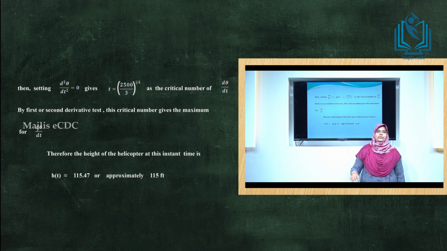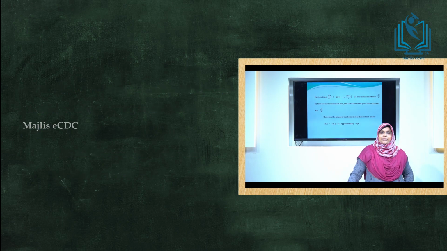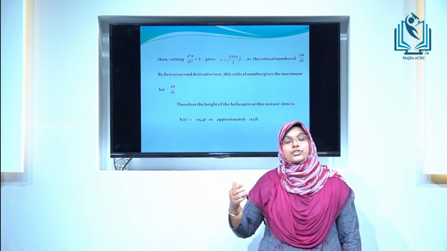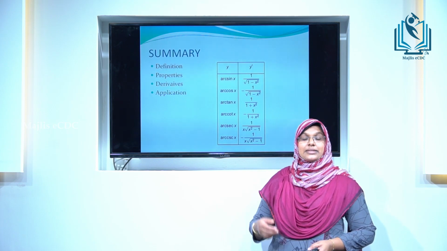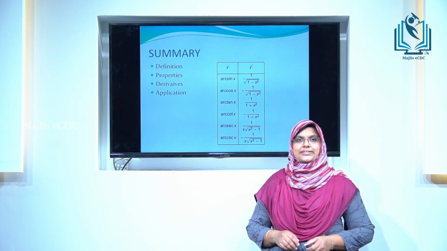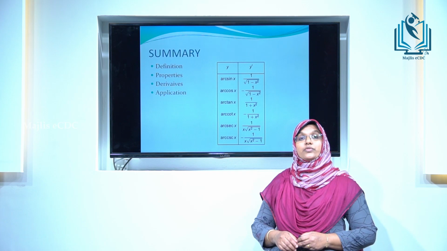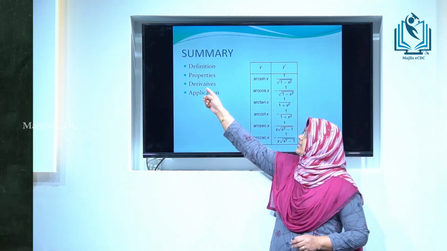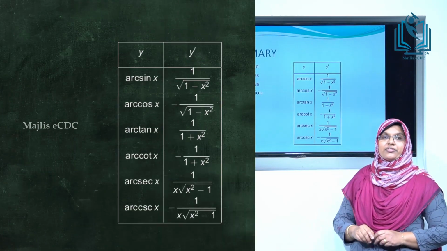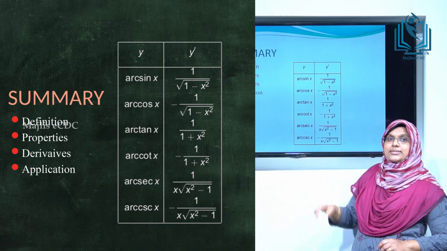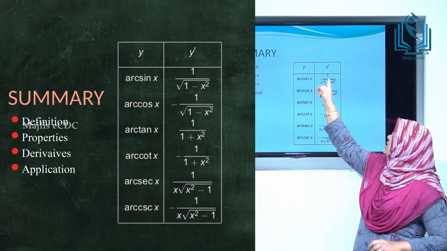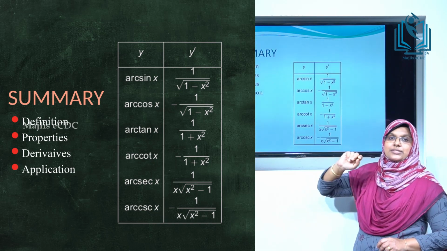We can compute the height of the helicopter by using inverse trigonometric functions. Now we have learned the definition of inverse trigonometric functions, their properties, and their derivatives. The derivatives are: for y equals arc sin x, y dash equals 1 by root of 1 minus x squared.